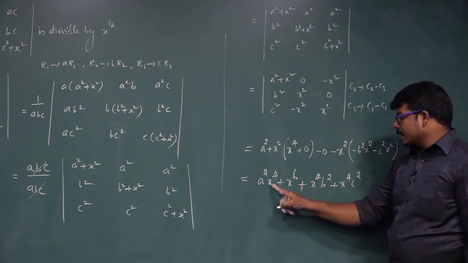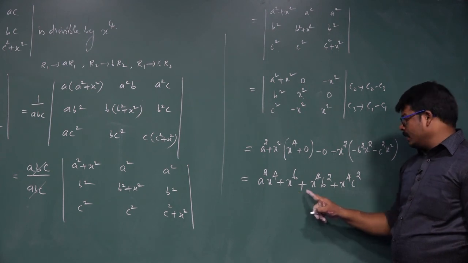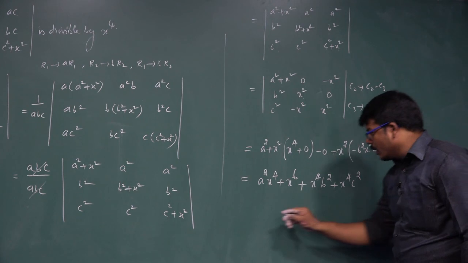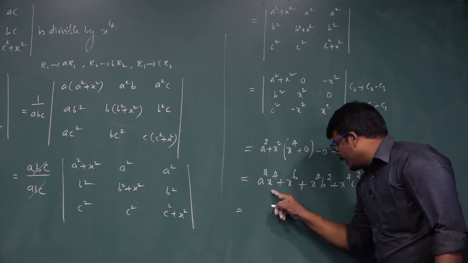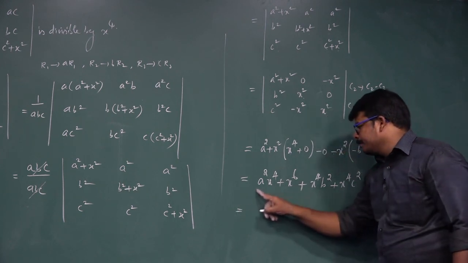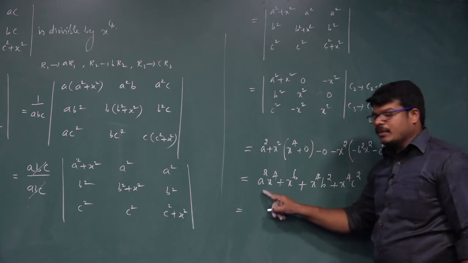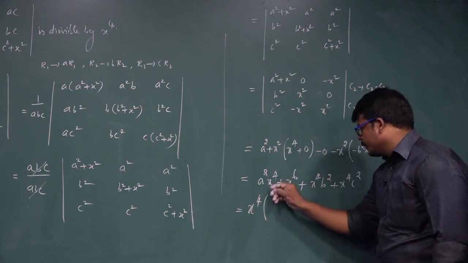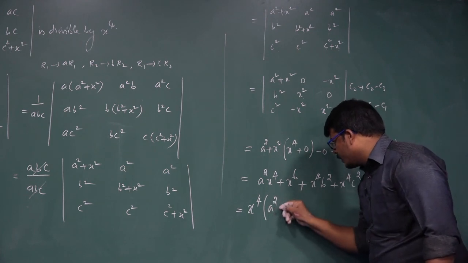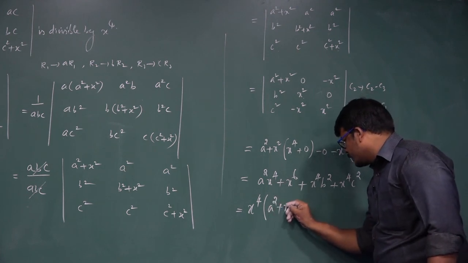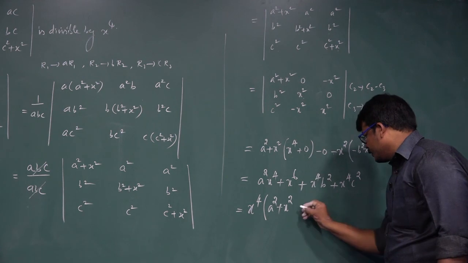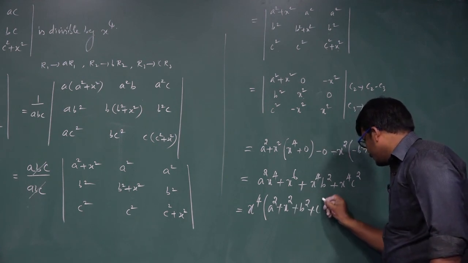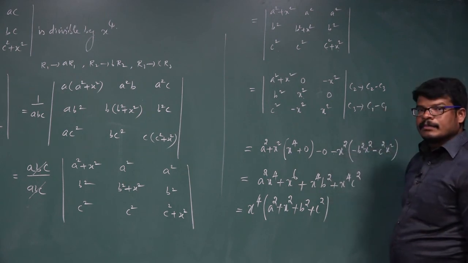So a square x power 4 plus x power 6 plus x power 4 b square plus x power 4 c square. Now x power 4 is common in all the terms. Taking it outside, x power 4 into the remaining: a square plus x square plus b square plus c square.